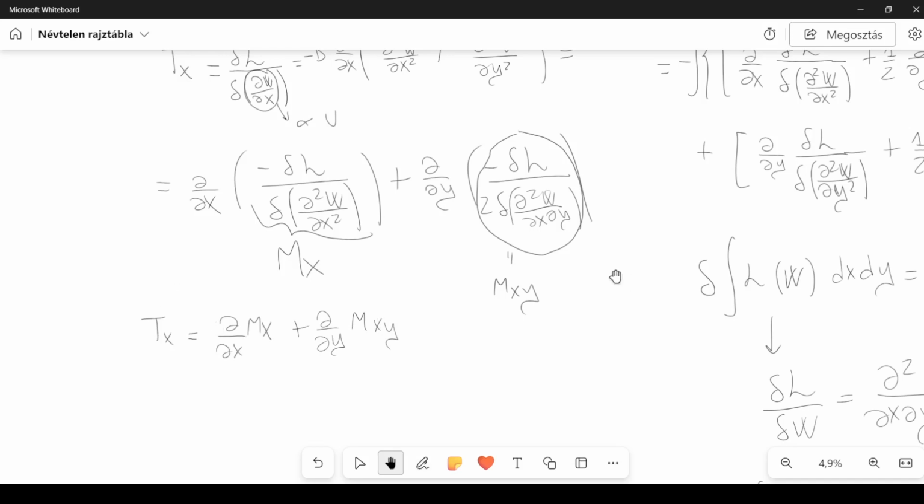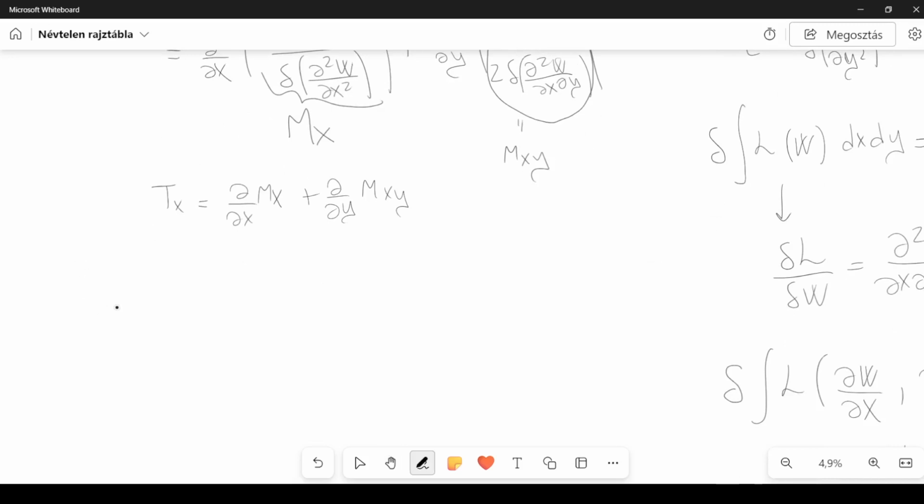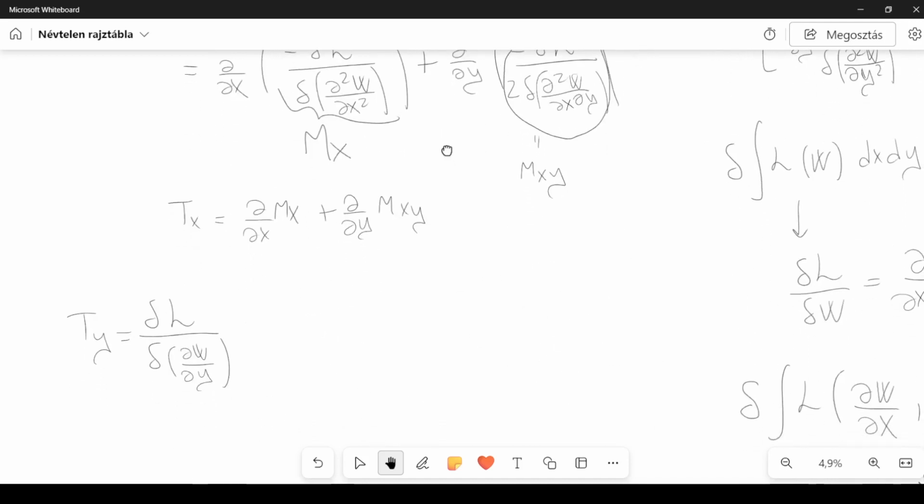And another thing that you can do is calculate, for example, the change in L with respect to the change in w with respect to y, and we define this to be Ty, similarly to what we defined above. The derivative with respect to dw/dx was Tx, so this is Ty with the same interpretation, but along the y-axis.